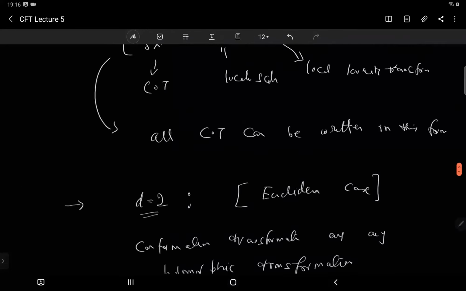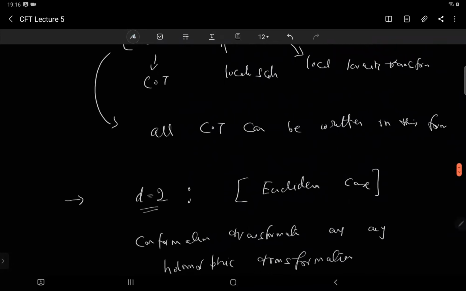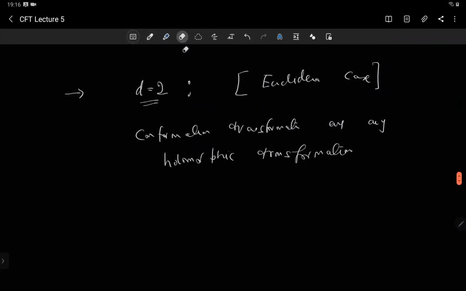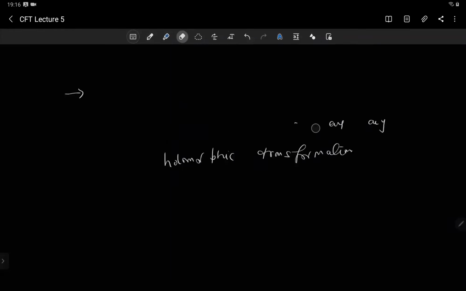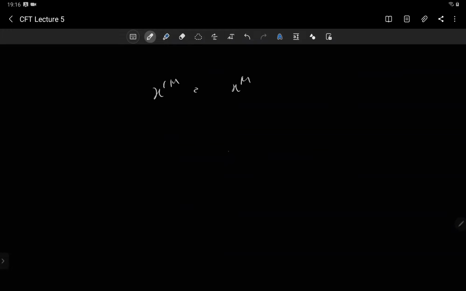Oh yeah, there's one more point I had mentioned that is very important. So let me first mention that, and then I will continue. So one more point about this d greater than 2 case is that when we look at the special conformal transformation, you have to remember that these transformations are both for Euclidean and Lorentzian.